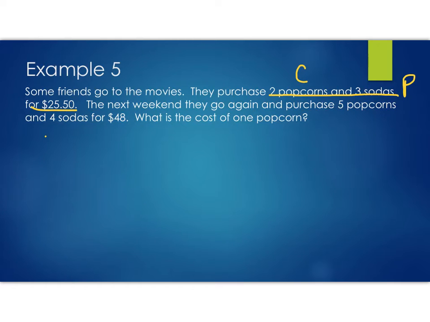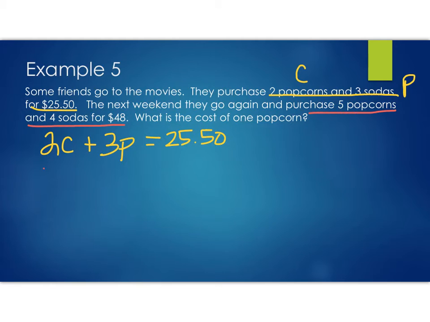So I know 2 popcorns, so 2C, plus 3 sodas, which I'm calling P, equals $25.50. The second trip to the movies is the next equation. So the next weekend they go again, 5 popcorns and 4 sodas. So 5C plus 4P equals $48.